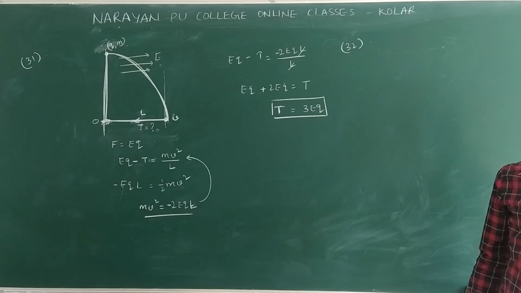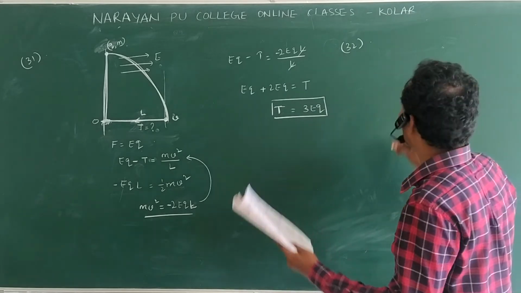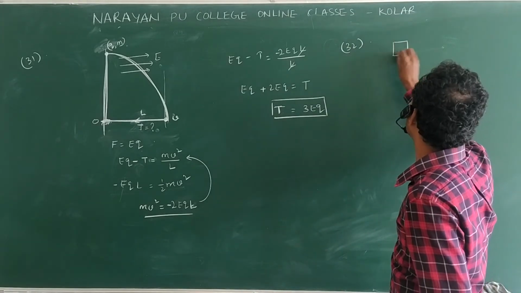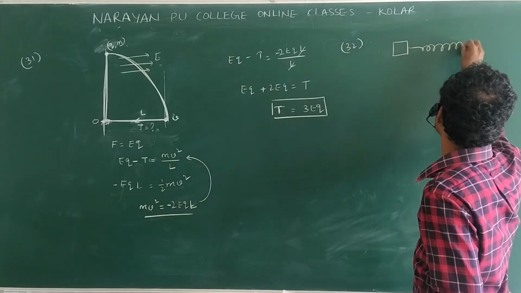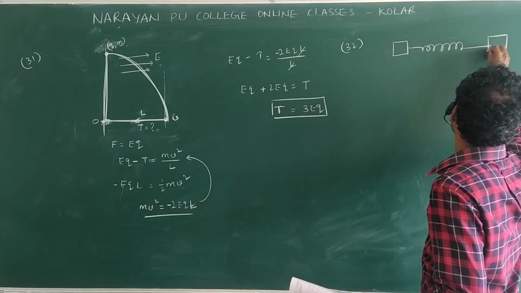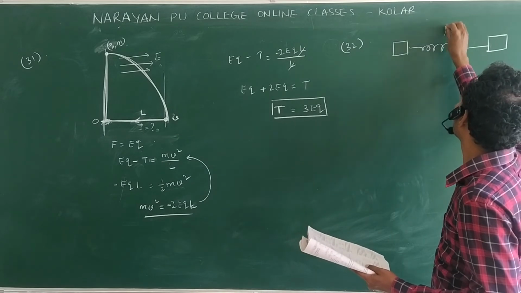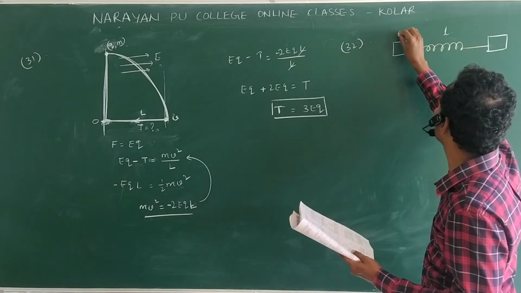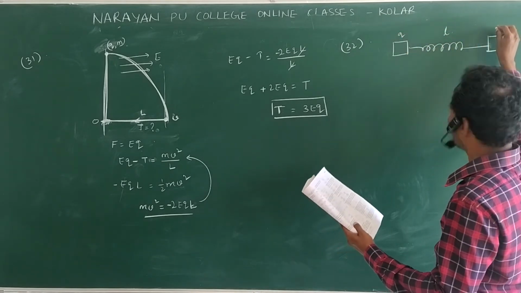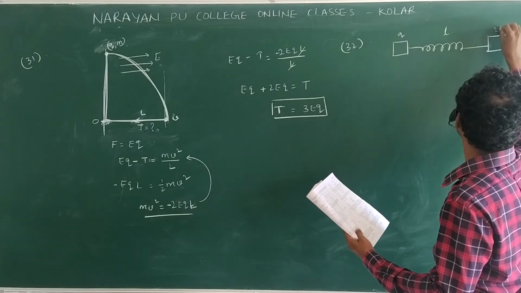It is simple if you follow the law of conservation of energy. So they are fixed like this: L, Q, and this is 2Q.